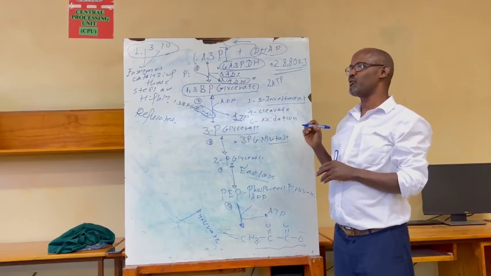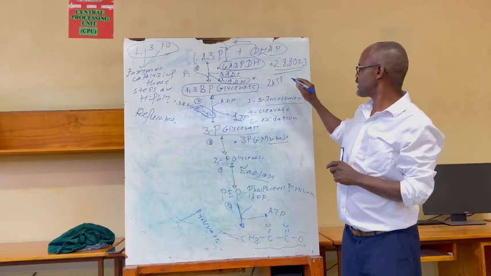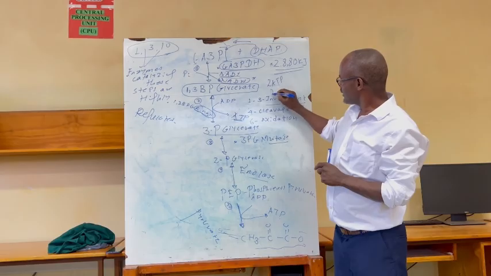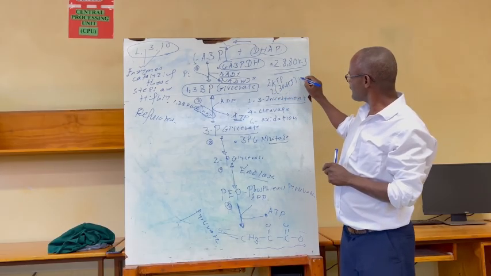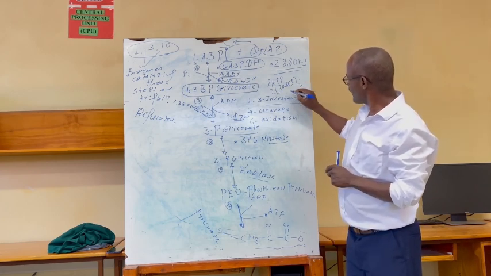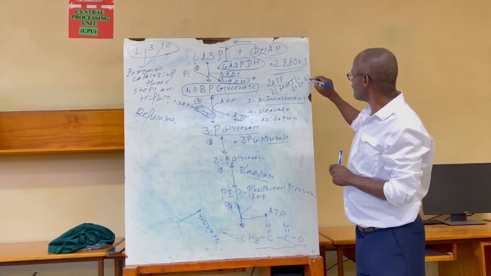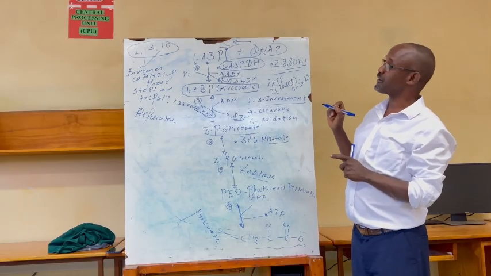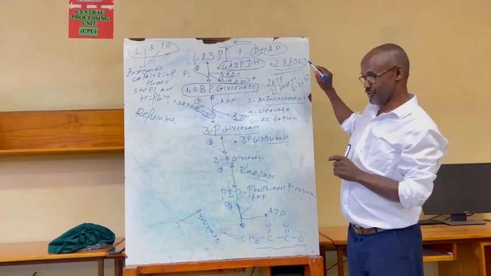What is the energy in 1 ATP molecule? Almost around 30.6 kilojoules. Therefore, multiply it. That is 2 times 30.6, 61.20 kilojoules. You see? Only 61.20 kilojoules of energy has been extracted from glucose, which contains 2,880 kilojoules of energy.